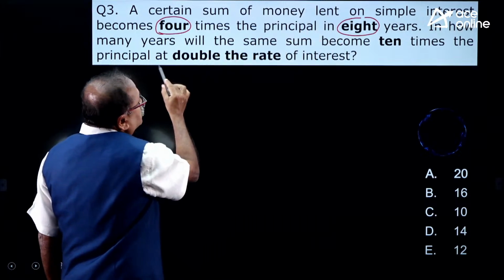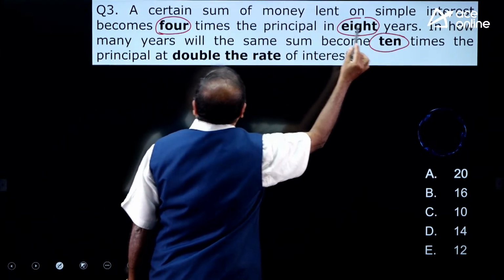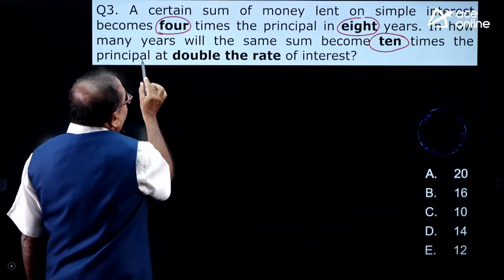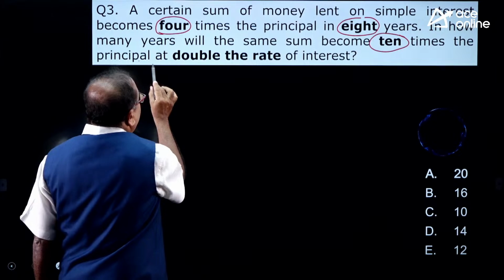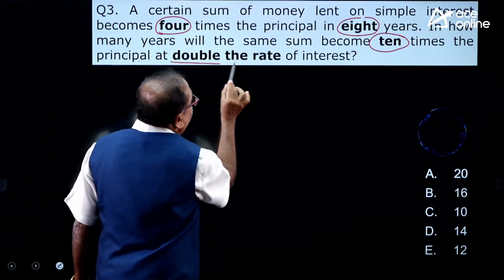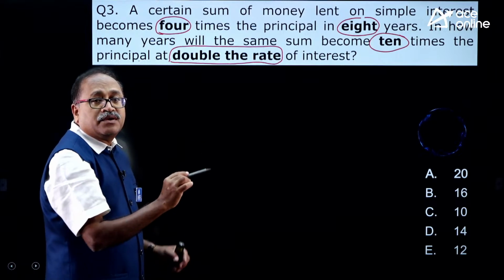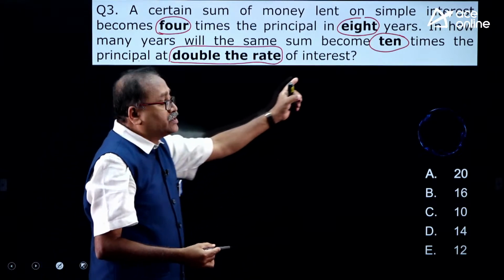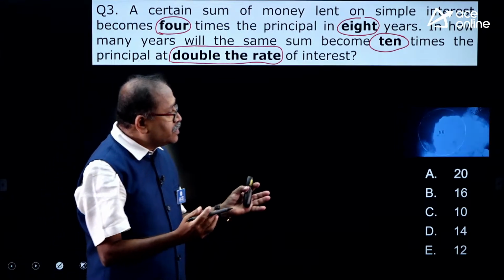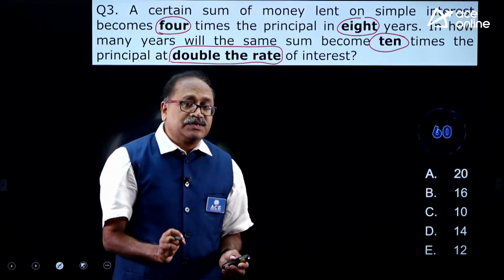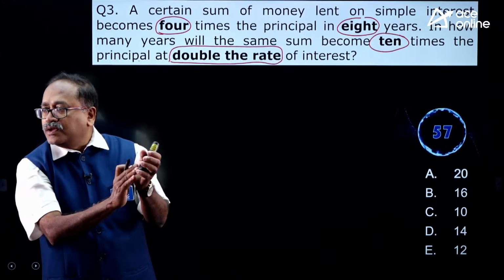In how many years will the same sum become 10 times itself at double the rate? Okay, look at this one, a small change with double the rate of interest. Can you try this one? I am giving you 60 seconds, but after 30 seconds I will start working on it. Try this one.